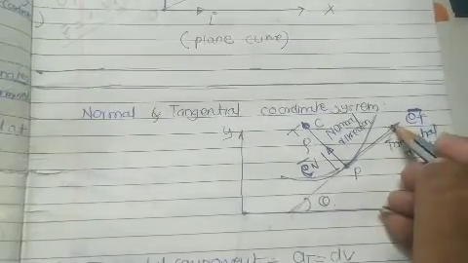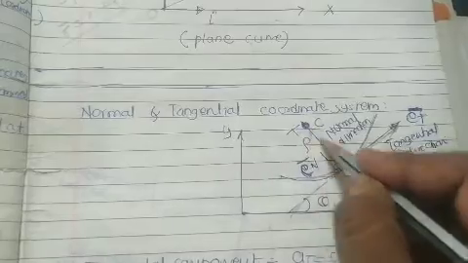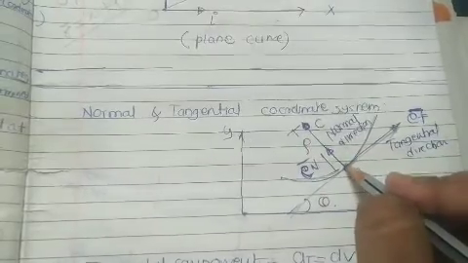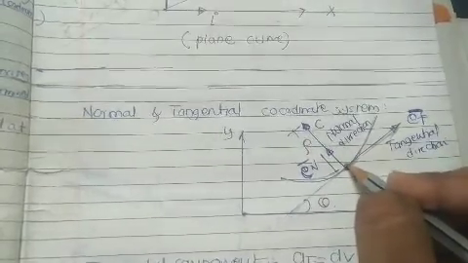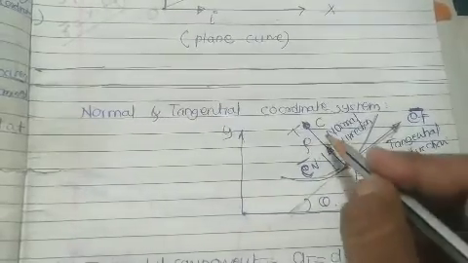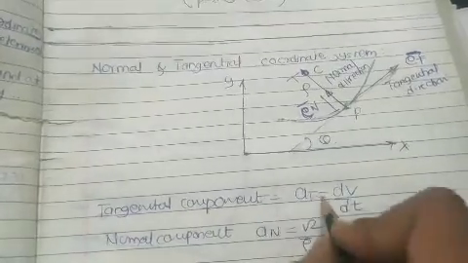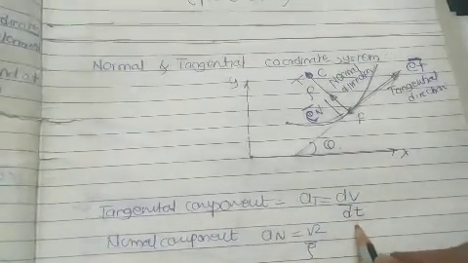The direction perpendicular to the velocity vector and passing through the center of curvature is known as the normal direction. The tangential component of acceleration is given by dv by dt.